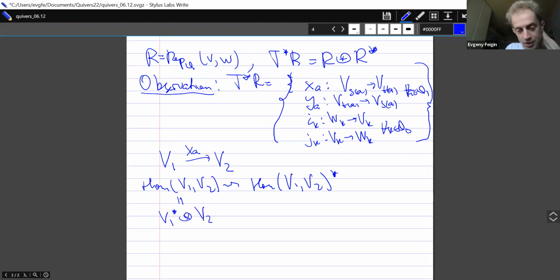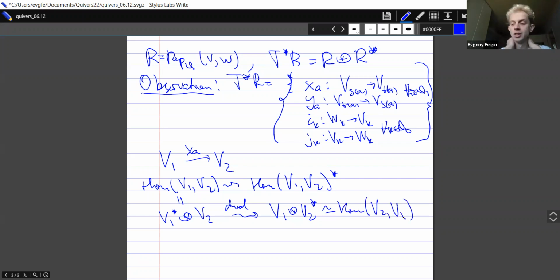So now the dual is V1 tensor V2 star, which can be identified with Hom(V2, V1). Okay, thank you, now I understand.